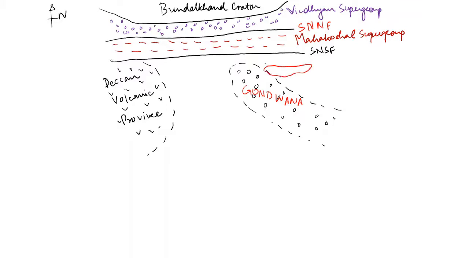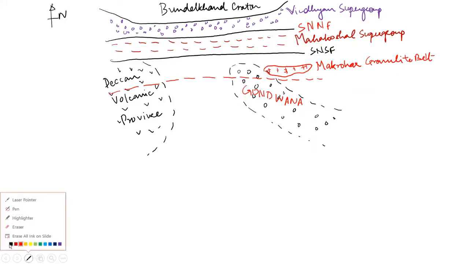First of all is the Macrohar granulite. This is the Macrohar granulite belt. The Macrohar granulite belt is flanked by the Balrampur fault in the south.